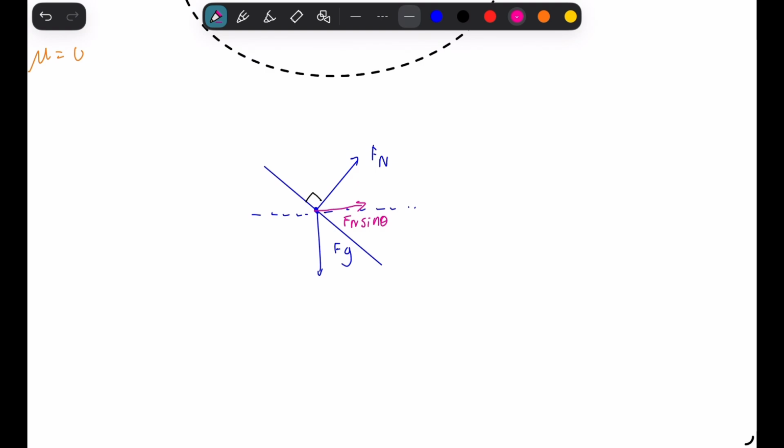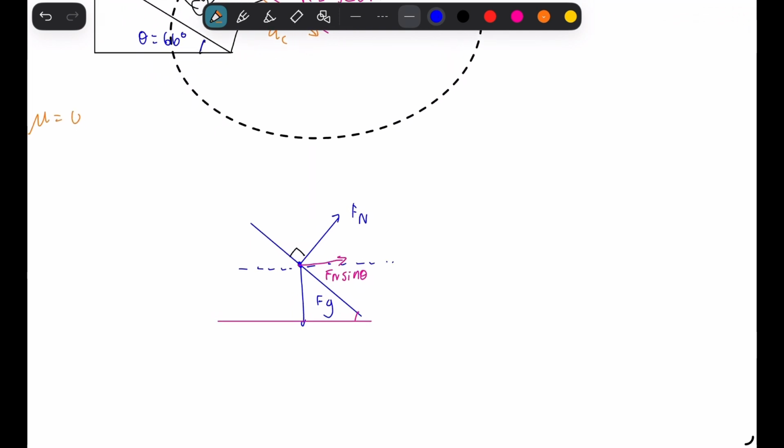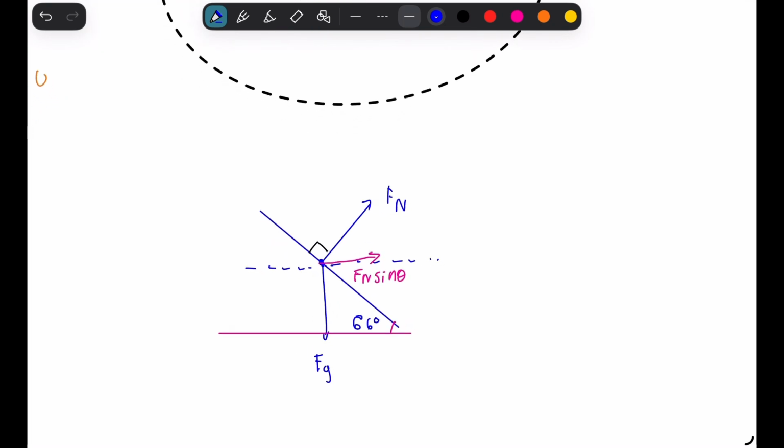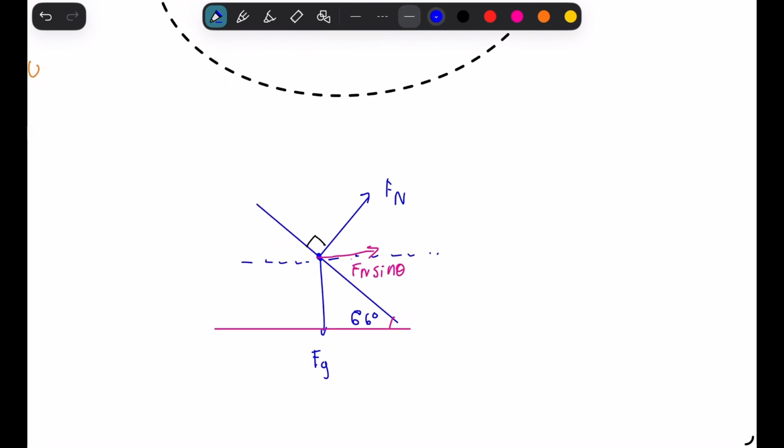The reason is because down here, this angle we know is going to be our angle theta, which was 66 degrees. Again, this was Fg. This is 66 degrees. If you know that is 66 degrees, then this angle is also going to be 66 degrees because they're alternate interior angles.